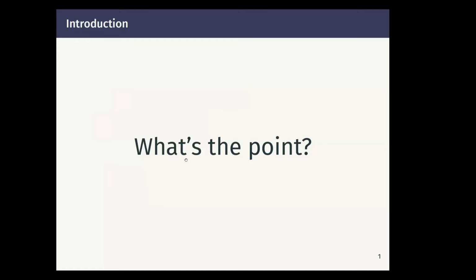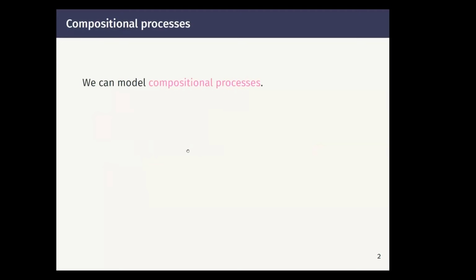Well, it turns out that category theory is actually very good for compositional processes, which I guess is the whole point, really. If you have, say, a process, this box F, maybe with some inputs and some outputs, we can stick it together with another one.